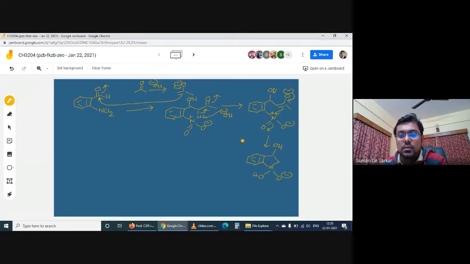Look at the charge here, because we are pushing 2 electrons here on nitrogen, and 2 electrons are going away from nitrogen. So the formal charge on nitrogen remains as it is. Okay, so it should be plus, and this part is becoming ketone. Okay, this is the situation here.